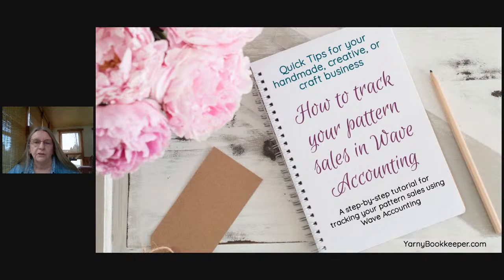There's your total income by customer. Your profit and loss will still show just a total amount for pattern sales and your sales discounts and your total income. Okay, and your total income is gross pattern sales minus the discounts. This is the money that you actually received.